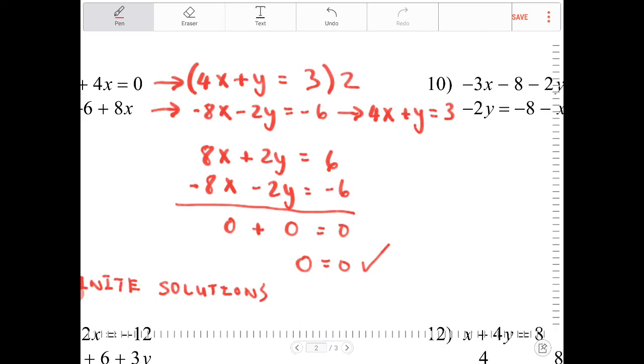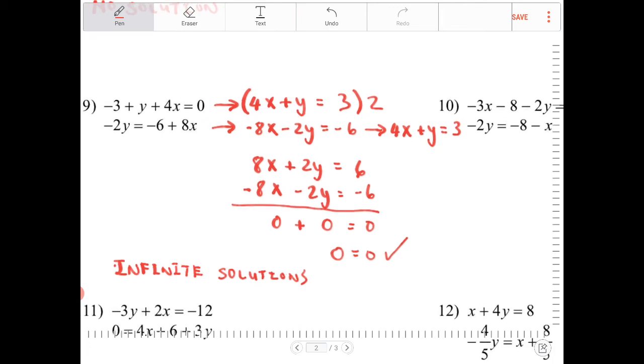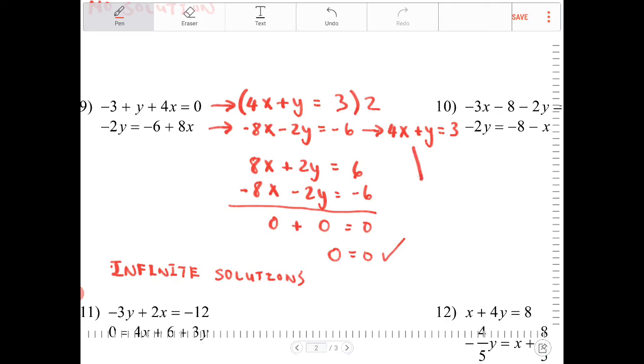Wait a minute, isn't the bottom equation the same exact equation as the top equation? It certainly is. So this is y is equal to -4x plus 3. The y-intercept is 3. The slope is -4.